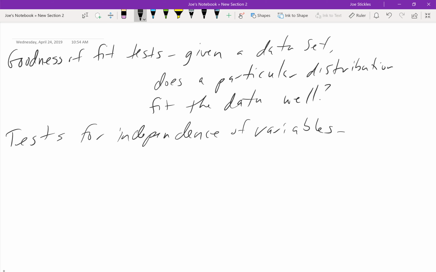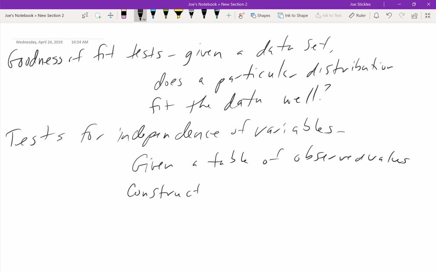So you have a table of observed values, you construct a table of expected values, and you compute your chi-squared statistic.